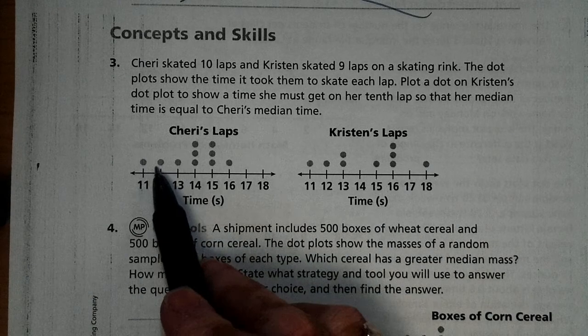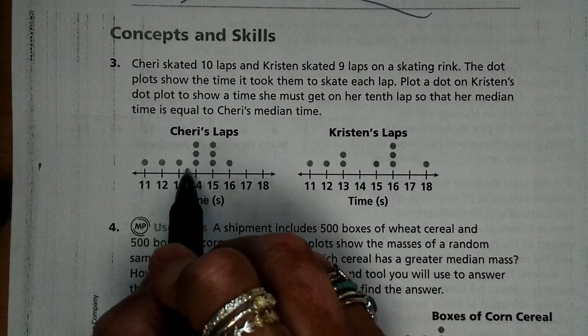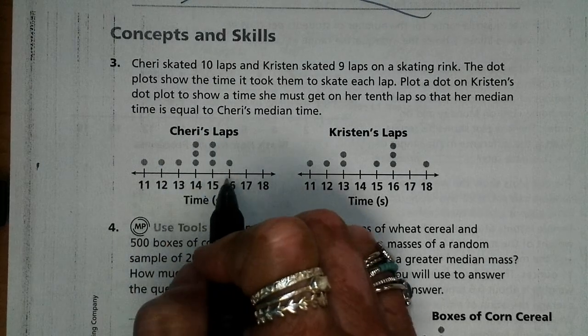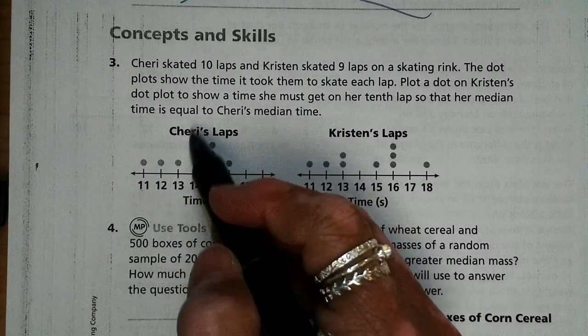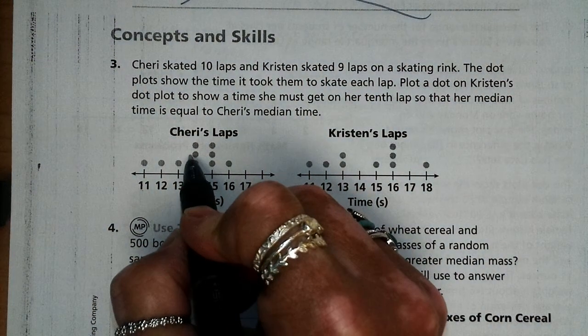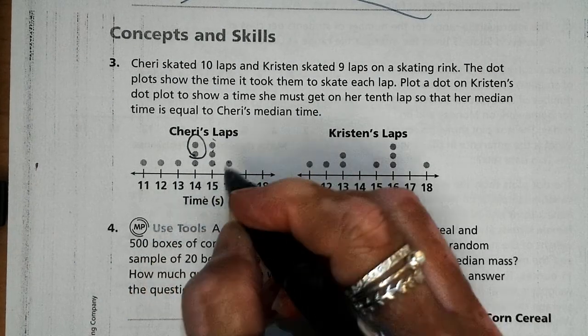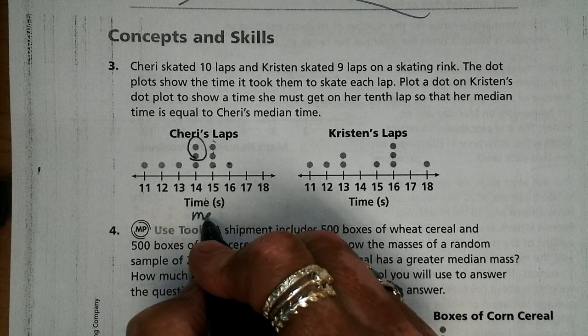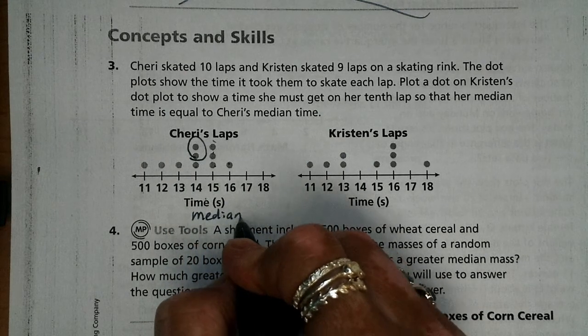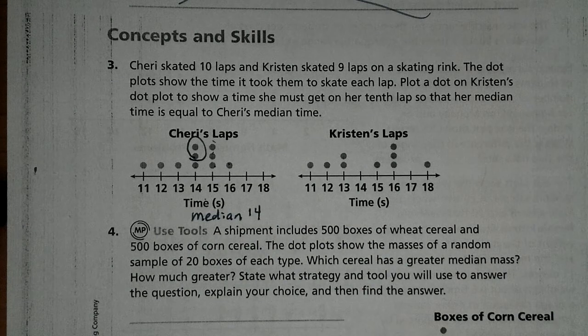All right, so we know we have 10 here, so that means we should have 4 and 4, right? And then we're going to have 2 in the middle. So 1, 2, 3, 4. These are my 2 middles. 1, 2, 3, 4. So the median is 14 for Sherry. For Kristen, that means I need to have a median of 14 as well.